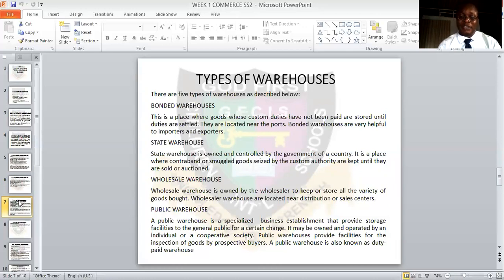So you must know that on this there is a customs duty. This is a result of tax.